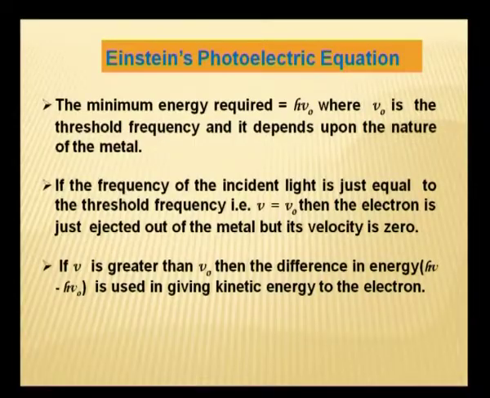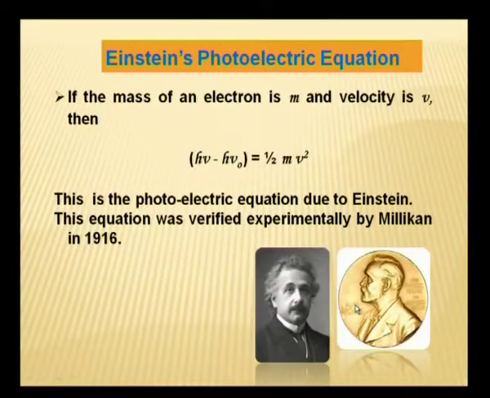And if the frequency of the incident light is greater, what will happen? The electron will be able to come out of the metal and will come out with a fairly high velocity, or an associated kinetic energy. Therefore, if nu is greater than nu naught, then the difference in energy, h nu minus h nu naught, is used in giving kinetic energy to the electron.